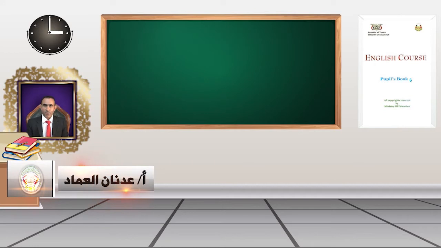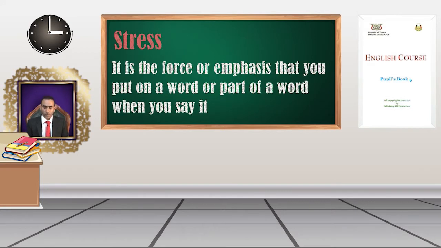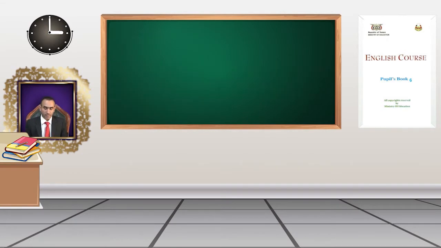Why? Because it depends on the stress for two-syllable adjectives. If the stress is on the first syllable, use er, est, or more and most. But what do you mean by stress? Stress is the force or emphasis that you put on a word or a part of a word when you say it.